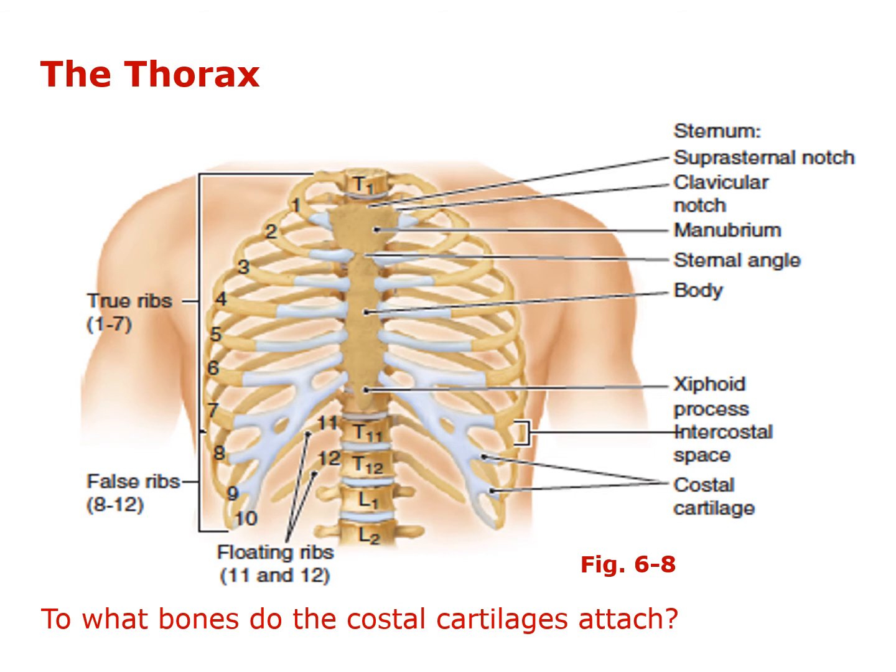The name manubrium comes from a Latin word meaning handle. The point on the manubrium where the clavicle joins can be seen in this picture, kind of, sort of. It's the clavicular notch on the manubrium. You see that little bit of a curve right there.